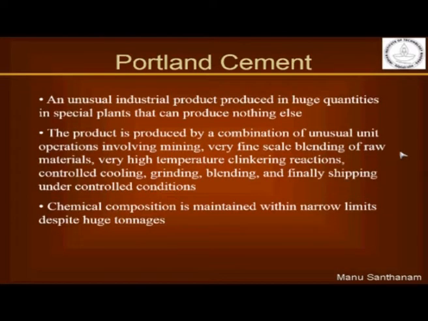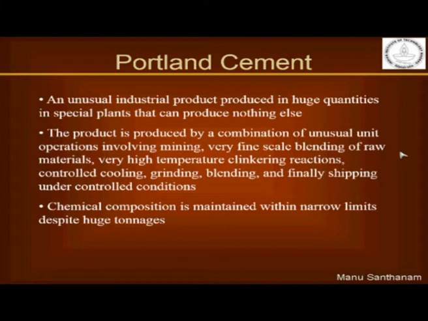Okay, so now let's look at how cement is manufactured in modern plants. You have to keep in mind that cement is a very unusual industrial product. It is produced in very large quantities. In case you didn't know, in the year 2014 and also in 2015, the amount of cement that was produced across the world was 4,000 million tons.